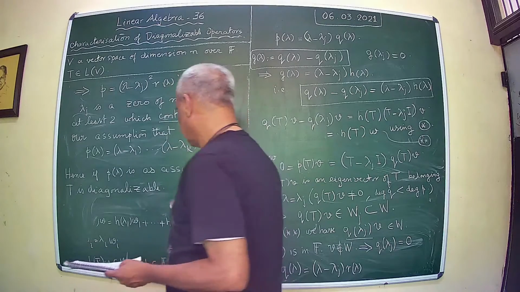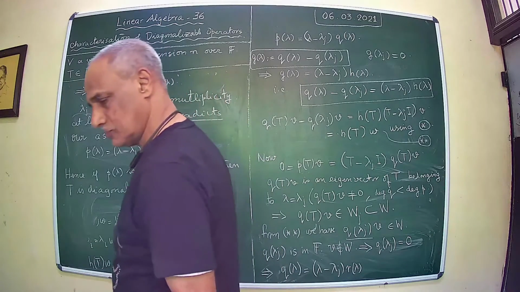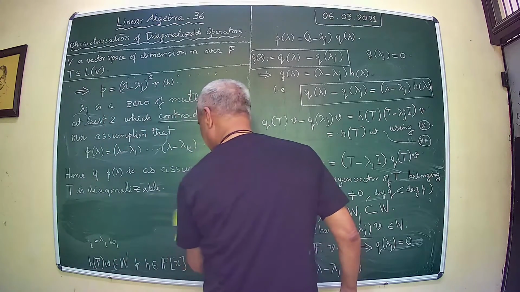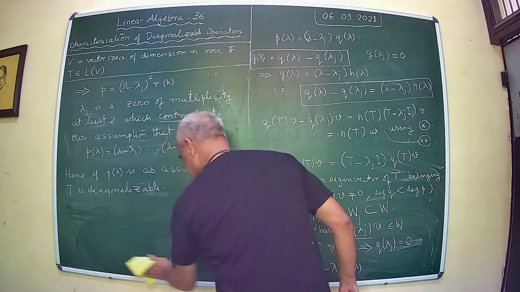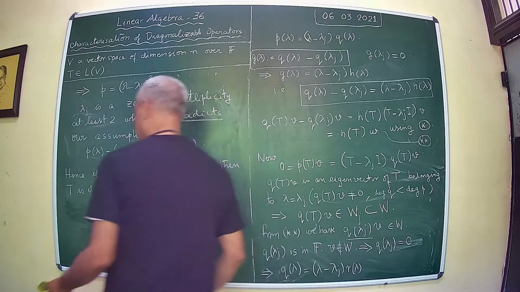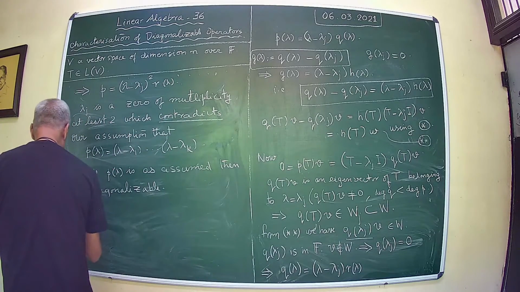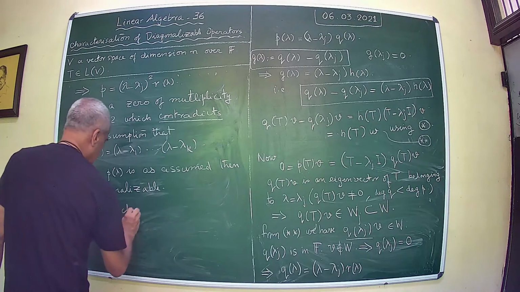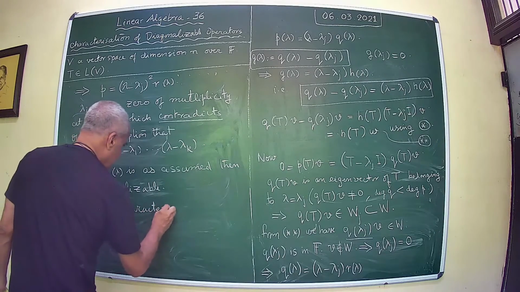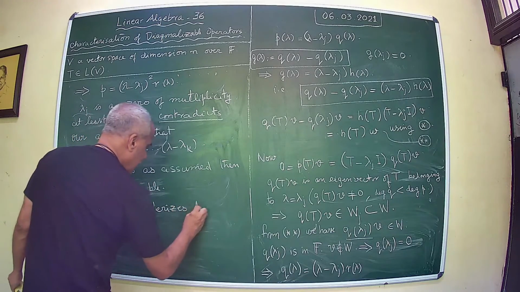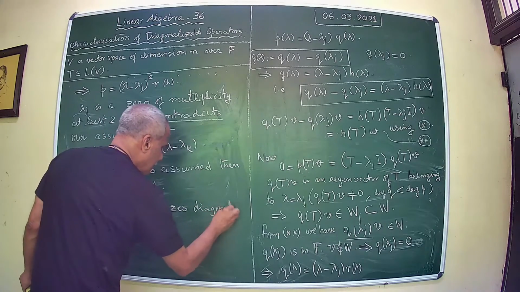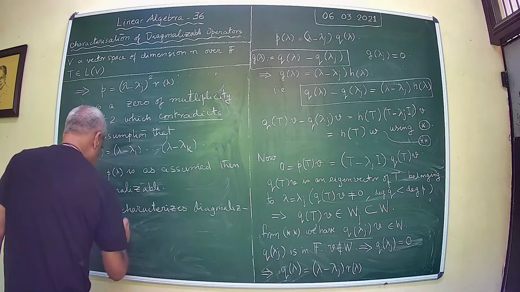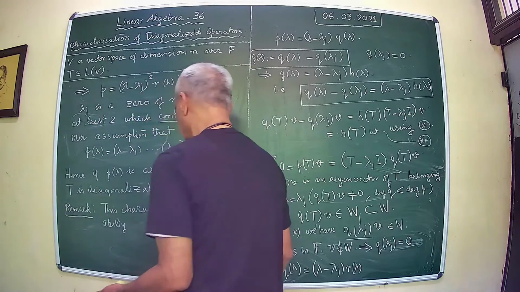So that is the proof of the theorem. So finally, we got a characterization of diagonalizability in terms of the structure of the minimal polynomial.